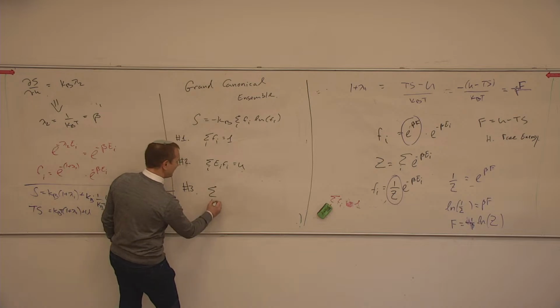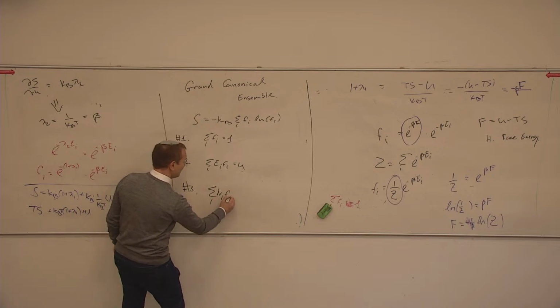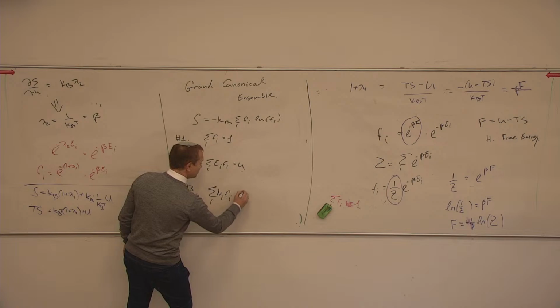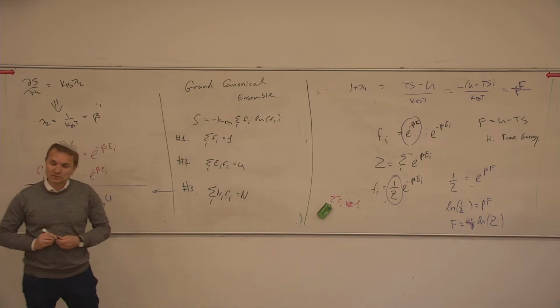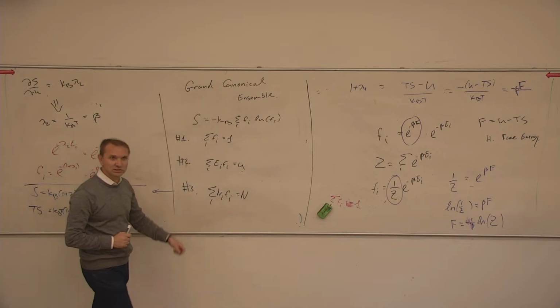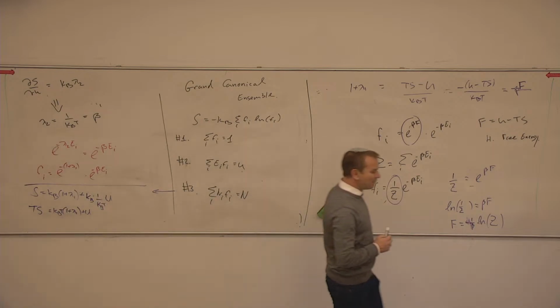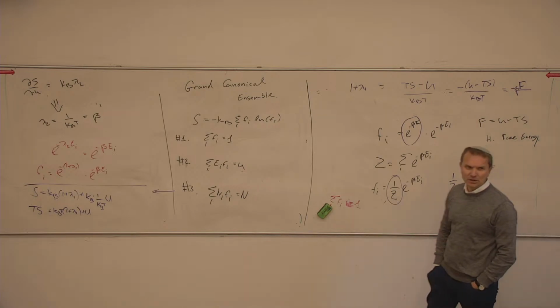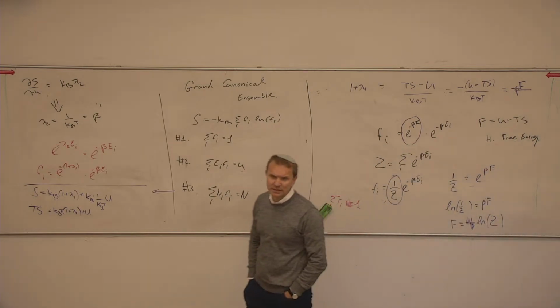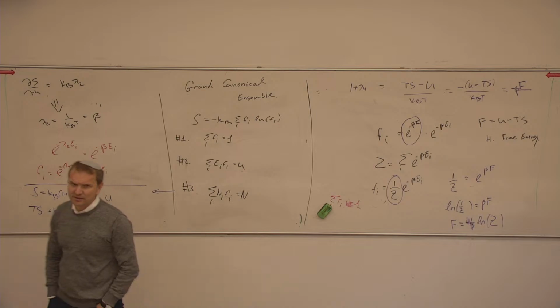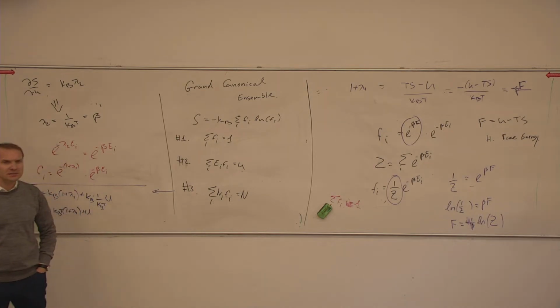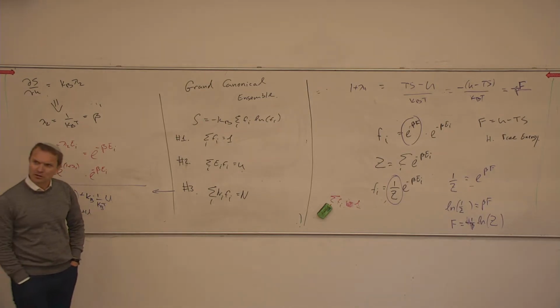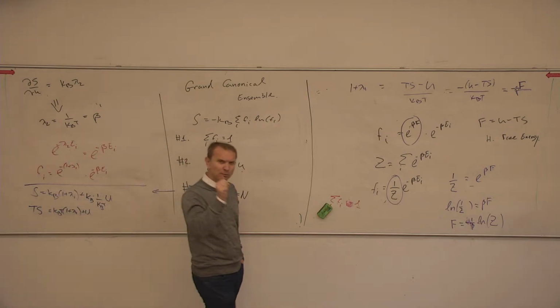So, the sum over i of N_i f_i equals N. When I'm writing this additional constraint, I'm basically saying that each state is now not only defined by its energy, it's also defined by the number of particles in my system at this specific state. There is exchange of energy, exchange of particles.